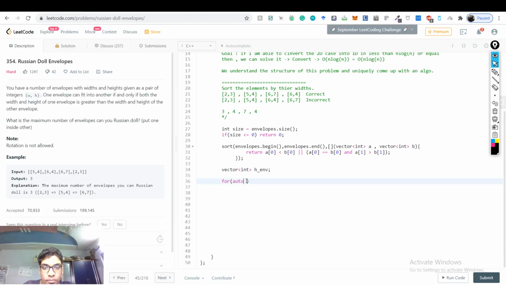Auto of what? Let's have each element in this array of envelopes.